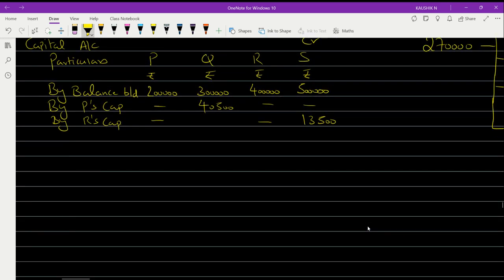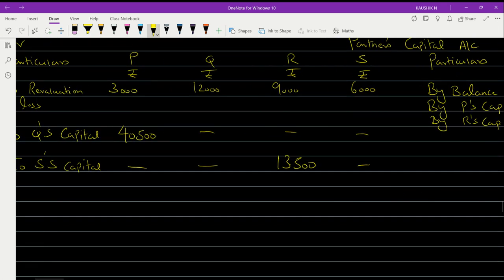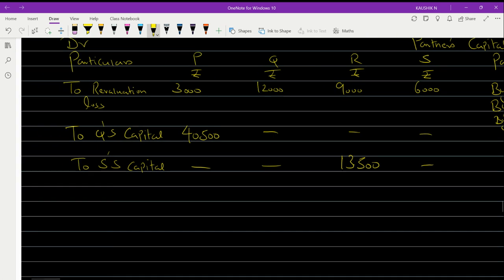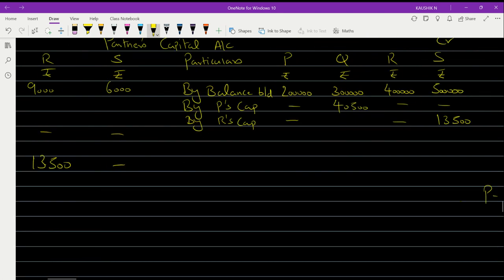For P, how much do you have? Okay, this is on the credit. On the debit, what is the total that you have for P? 43,500.